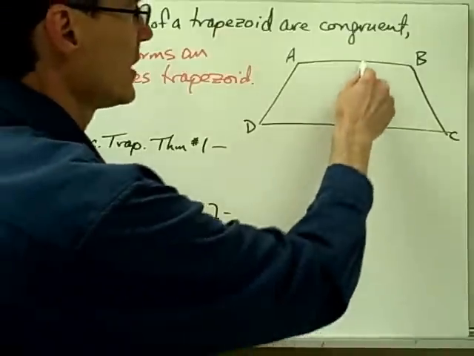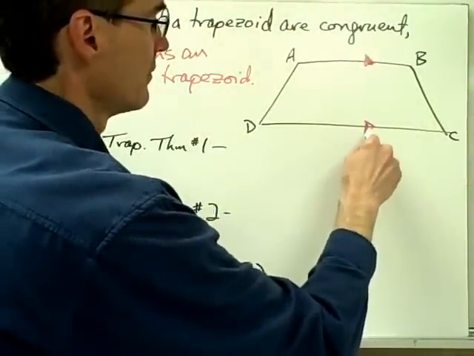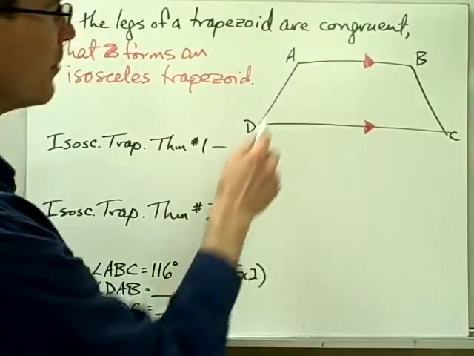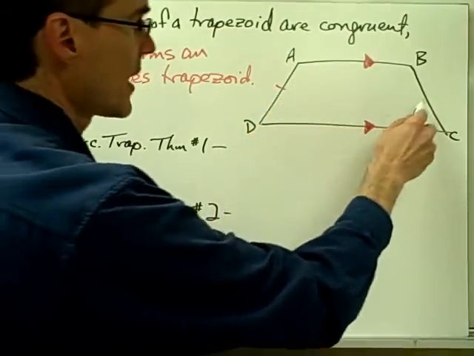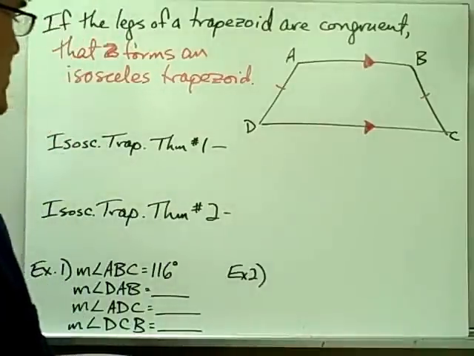So for this trapezoid here, it still has its single pair of opposite sides parallel. That's what makes it a trapezoid. But if the legs also happen to be congruent, then you have an isosceles trapezoid.